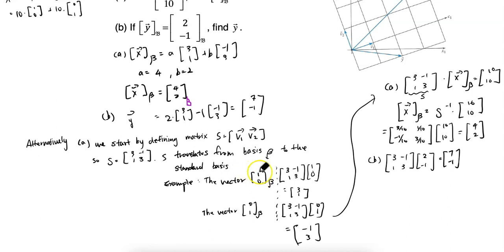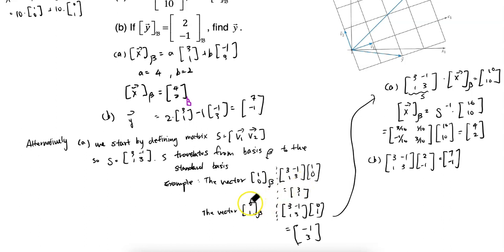Indeed, if we just put 1, 0 here, and we multiply S by 1, 0, we would get 3, 1. We would basically get the first column, right? So we took a vector that is defined in basis B, and it gives us the component in the standard basis.